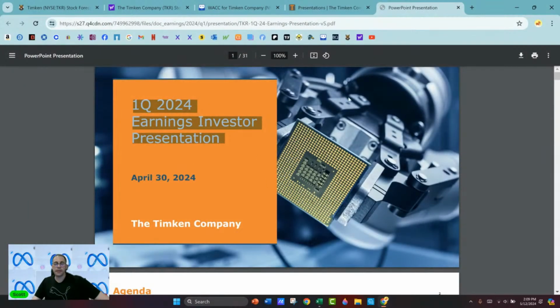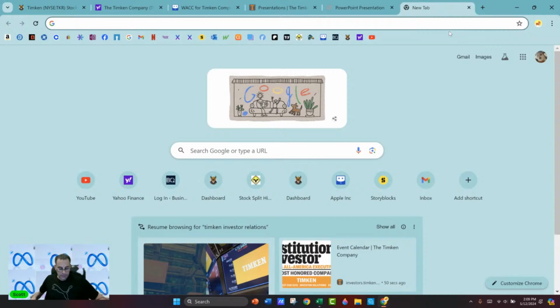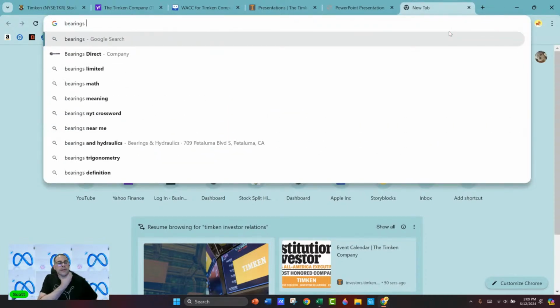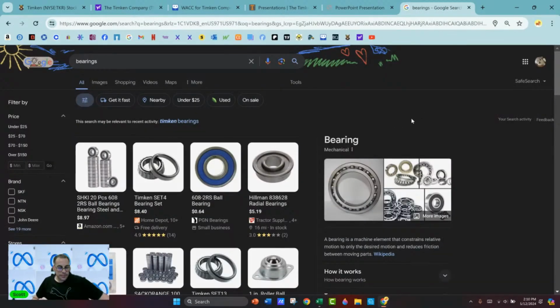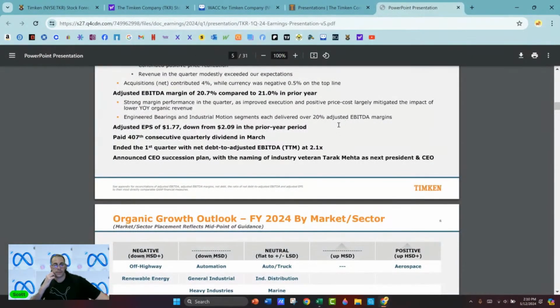I mean, the very first picture was a semiconductor chip. I know they do bearings, but for what industries? Is it just for all industries, or are they specialty? It doesn't seem like they're specialized. They have a lot of sales.